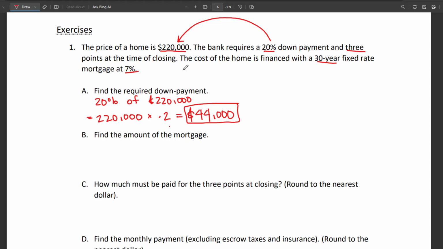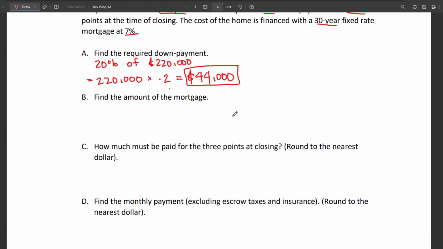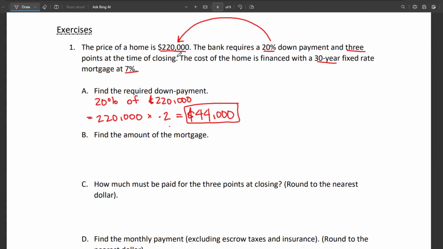plus the closing costs. So how much are we actually getting the loan for? If our house costs $220,000, we're not getting our loan for the full $220,000. We are taking the price of our house and subtracting out our down payment.